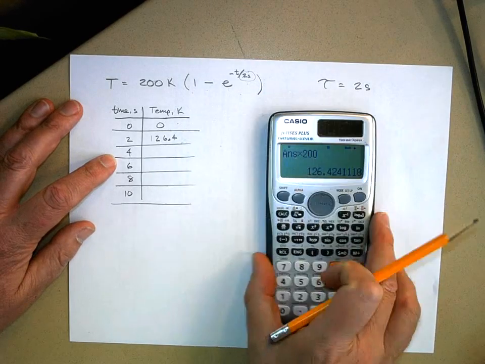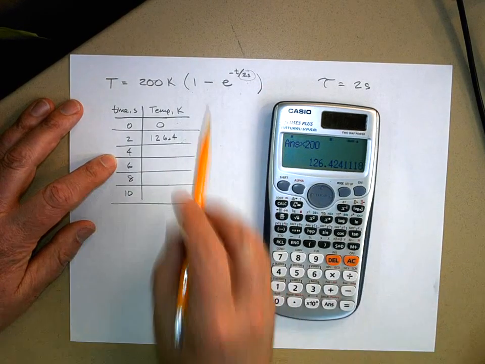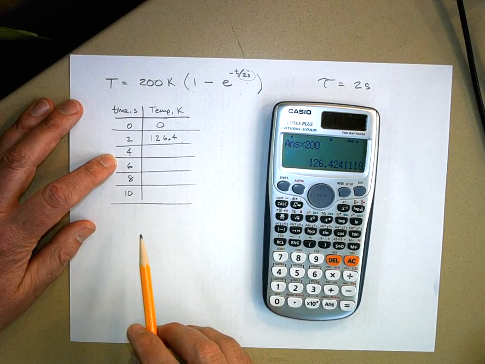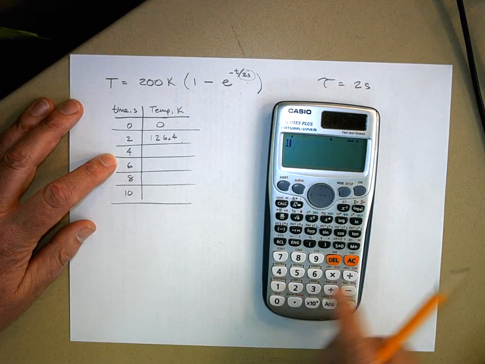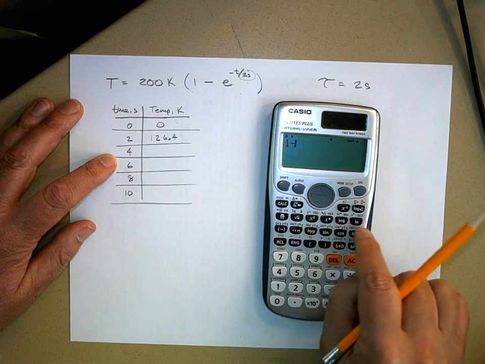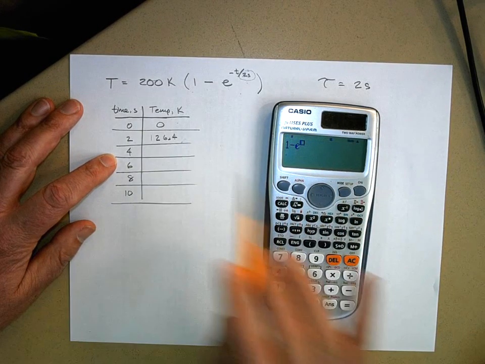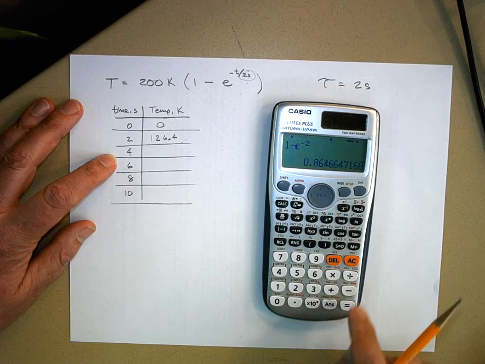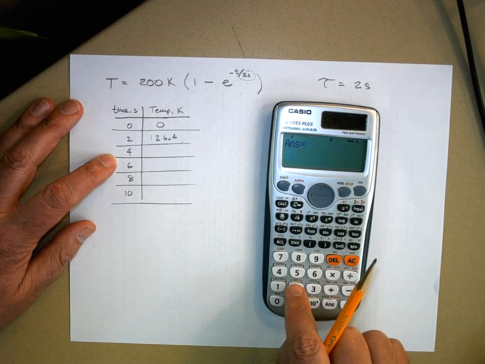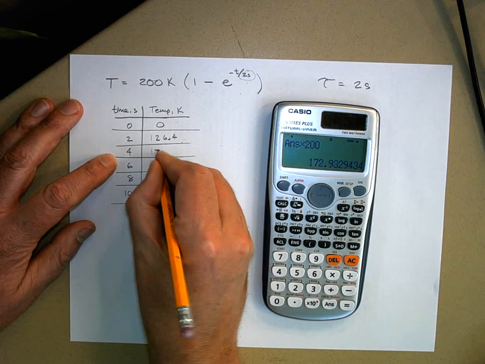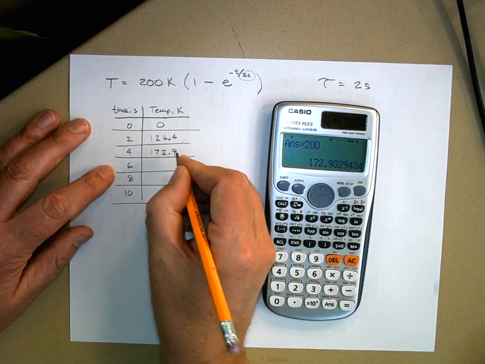Now let's do 4 seconds. What is 4 divided by 2? It's e to the negative 2. So 1 minus e to the negative 2 times 200: 172.9.